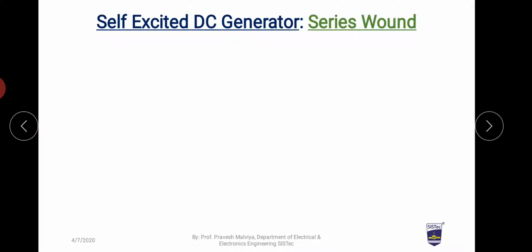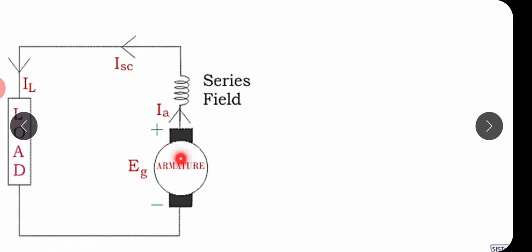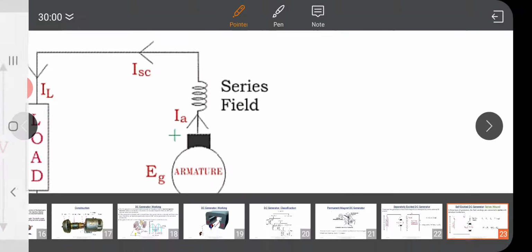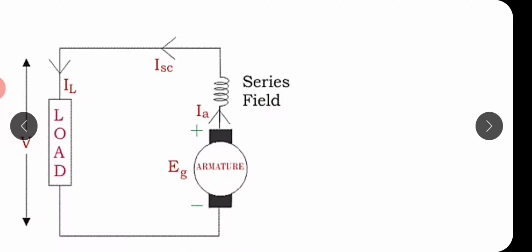Now coming to the next one, the self-excited DC generator, and we will be discussing the series wound self-excited DC generator. The circuit says clearly that the armature circuit and the field circuit are both connected together in series.